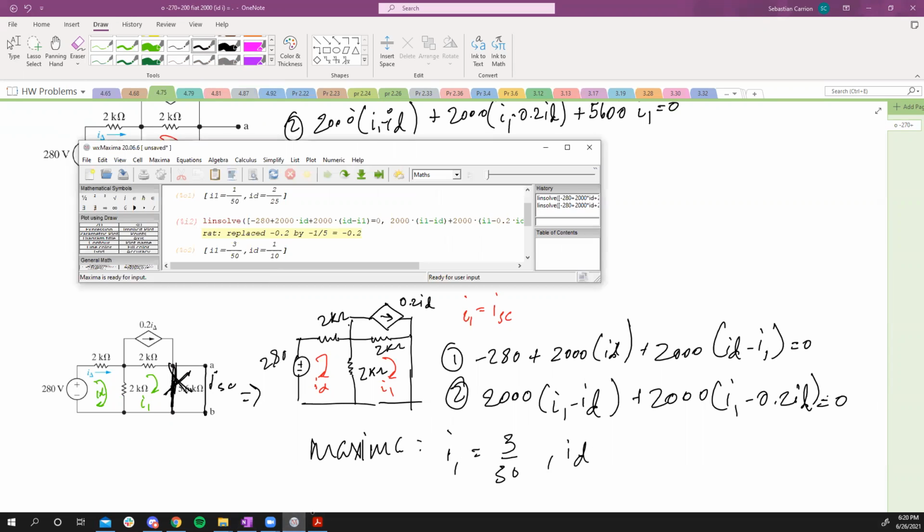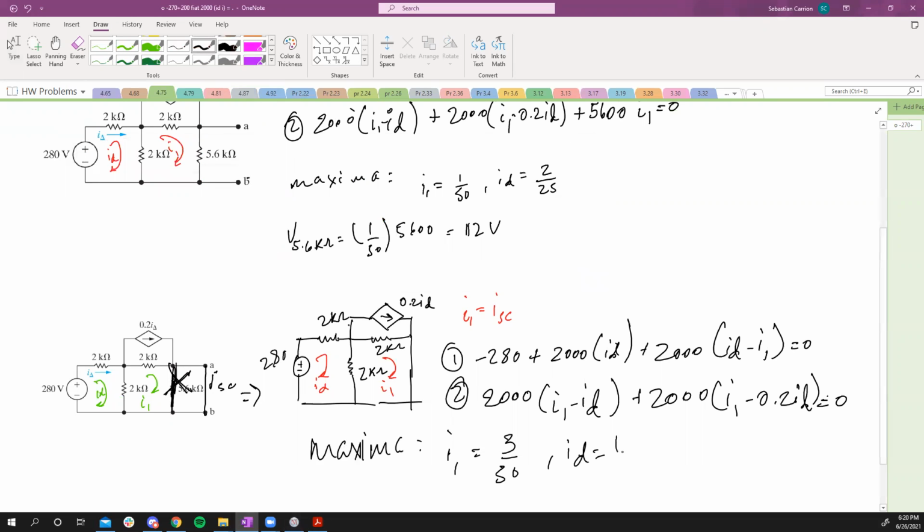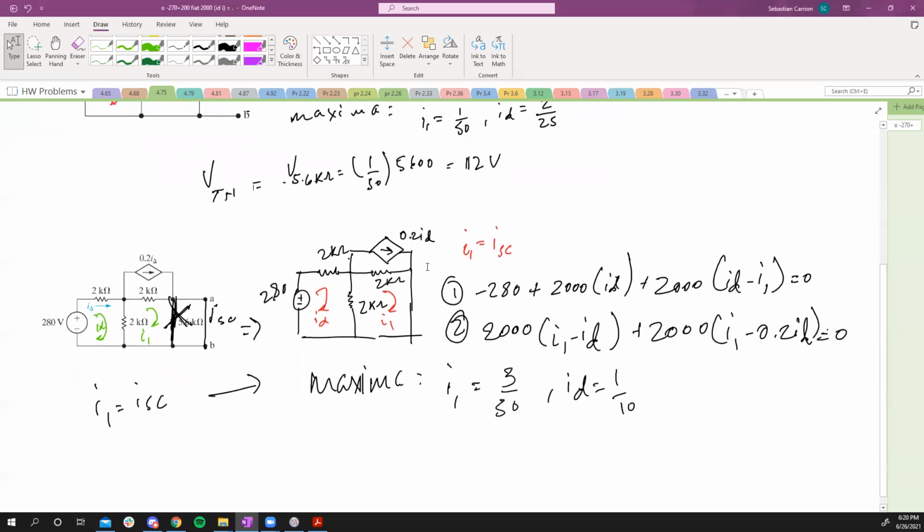ID is equal to 1/10. So I1 equals I short circuit, and then this voltage would be our V Thevenin.